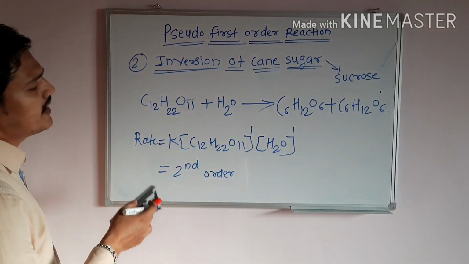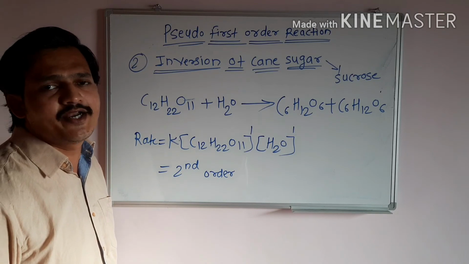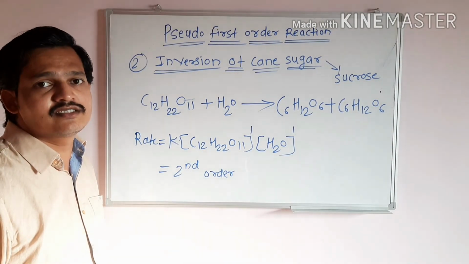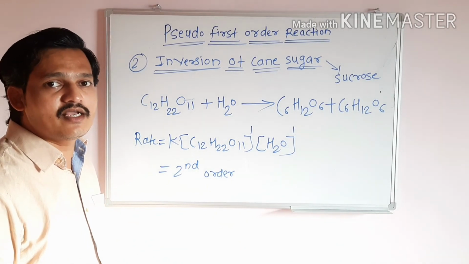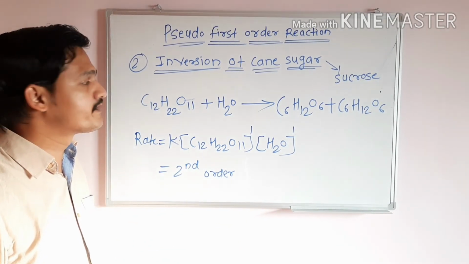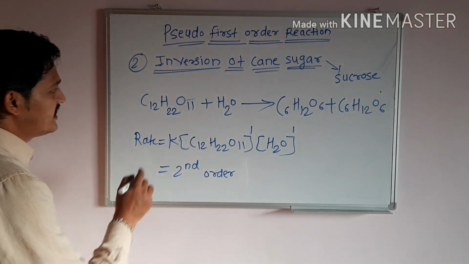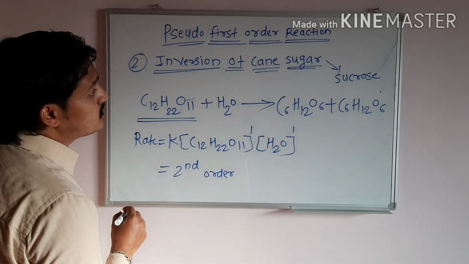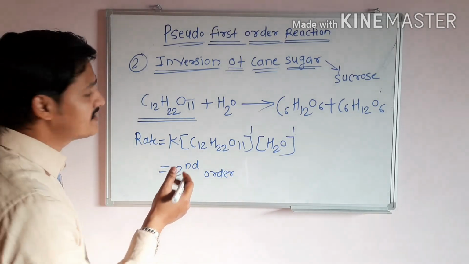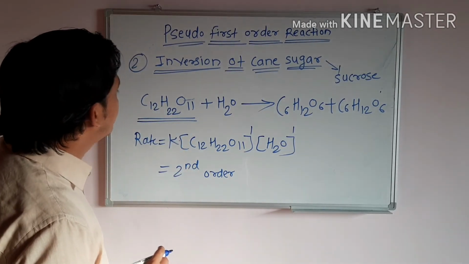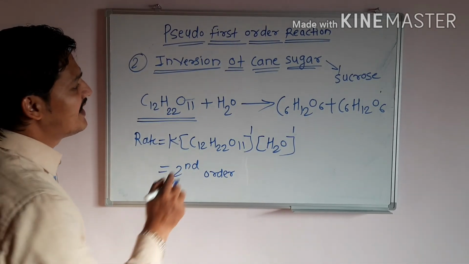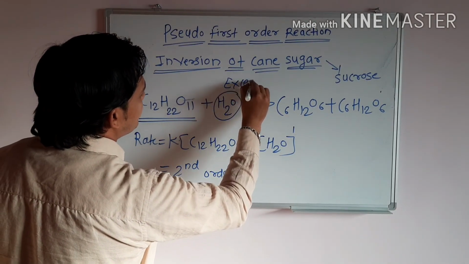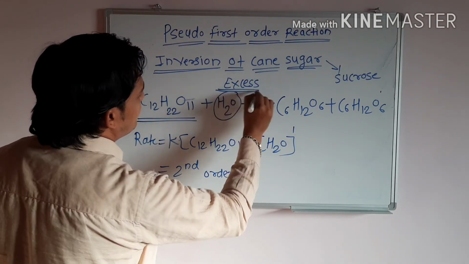Okay, now the explanation is the same as for the decomposition of ammonia. So what is the explanation? The concentration of sucrose or cane sugar is fixed, and the quantity of water I am taking in this reaction is in excess.